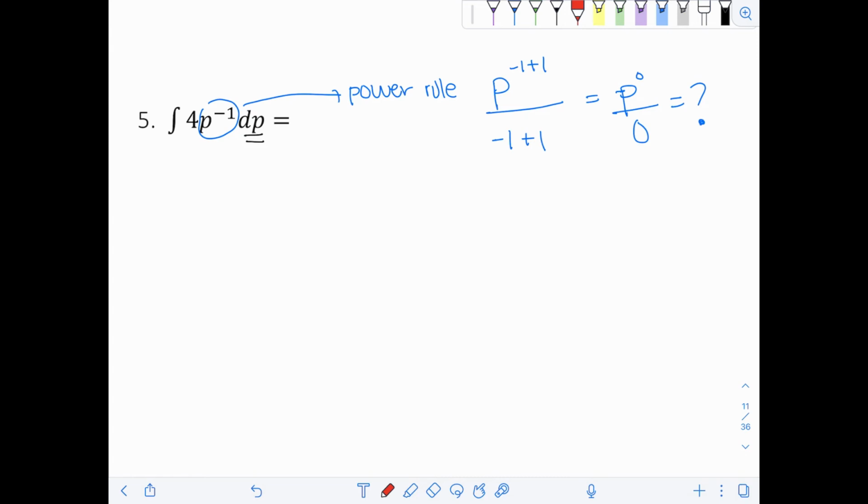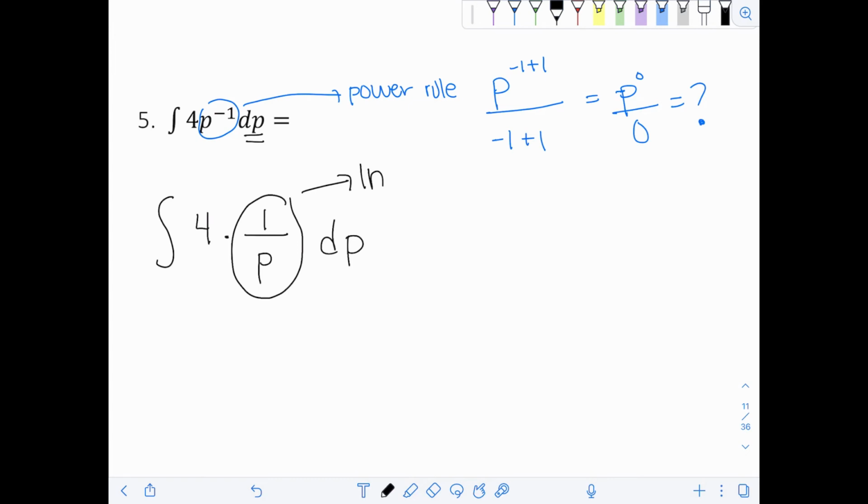And if it helps for this one, I could rewrite it even as 4 times 1 over p dp, which maybe looks more like, oh yeah, I need to use the log rule instead. So the integral here is going to be 4 times ln of absolute value of p plus c.